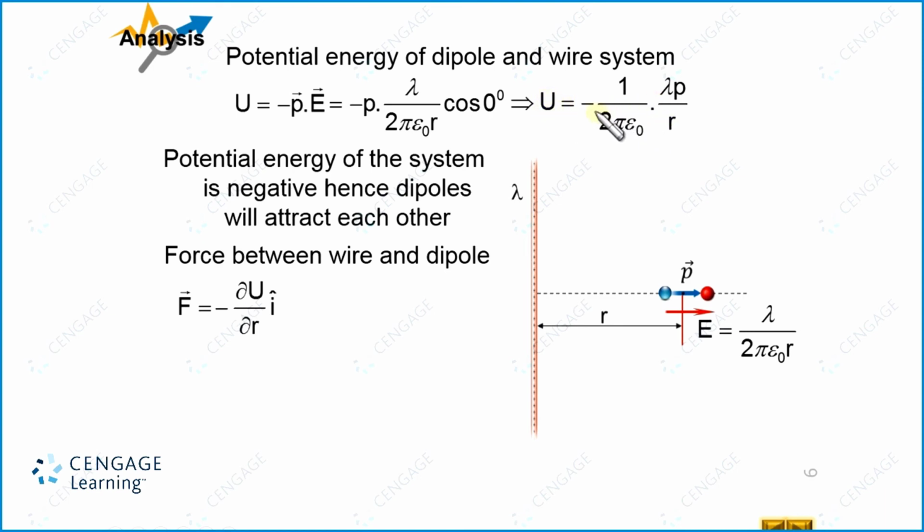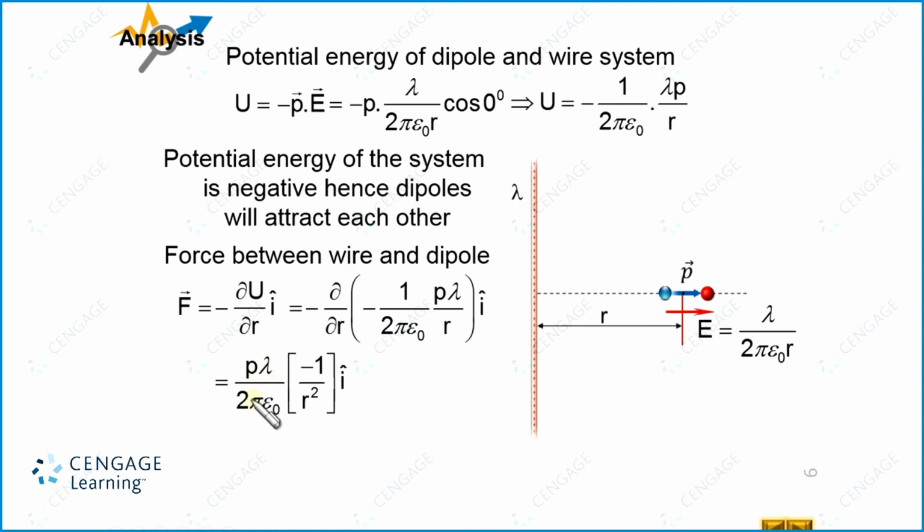You can observe here lambda P divided by 2 pi epsilon naught is the constant term. That means we need the derivative of r to the power minus 1. R to the power minus 1 has the derivative value equal to minus 1 upon r square. So here we can write the derivative: lambda P divided by 2 pi epsilon naught, and this is minus 1 divided by r square i cap.